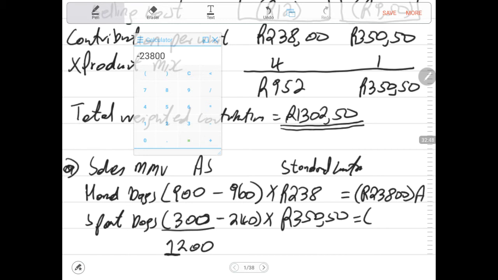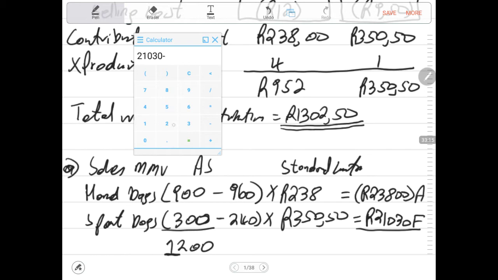The second one will be favorable. We produced and sold 300 instead of 240, meaning we produced more and sold more, times 350.50. This will be favorable on our side because there will be more revenue. This will be 21,030, a favorable variance.